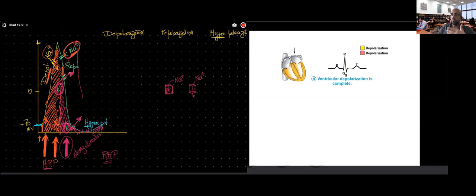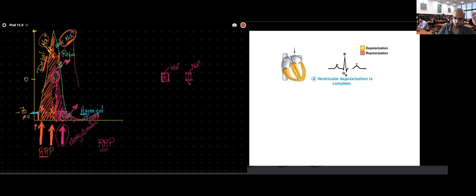How about relative refractory period? The nerve cell will not respond to create another signal unless it receives a strong stimulus. This is a relative refractory period.